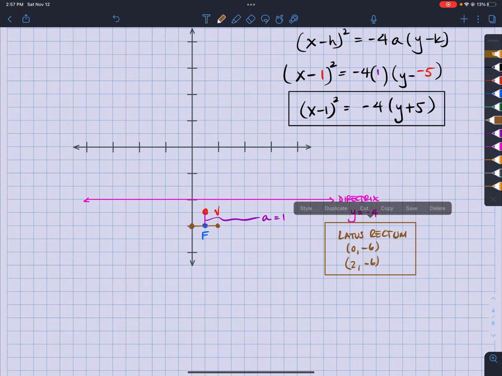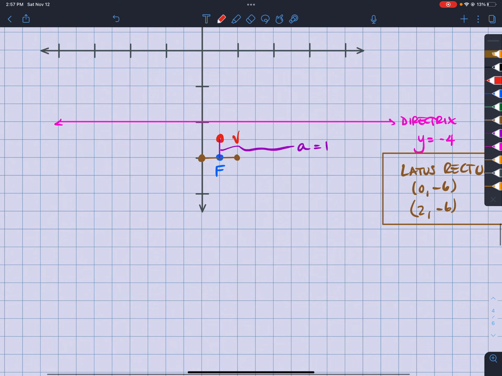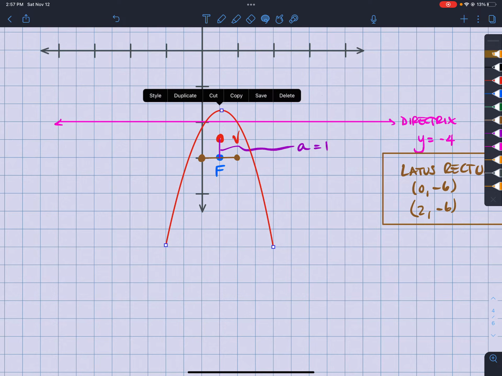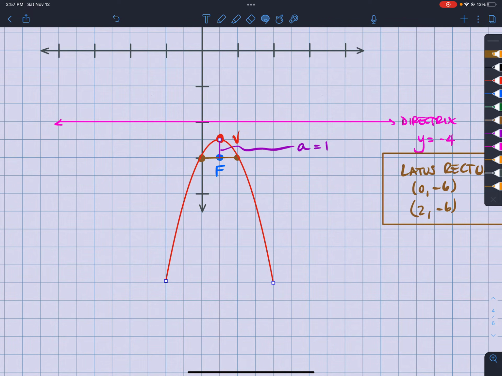There we go. All right. And then if I was to graph this, there we go.